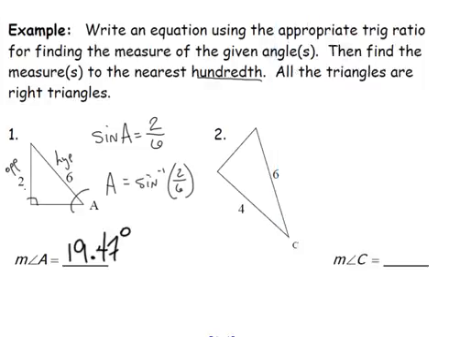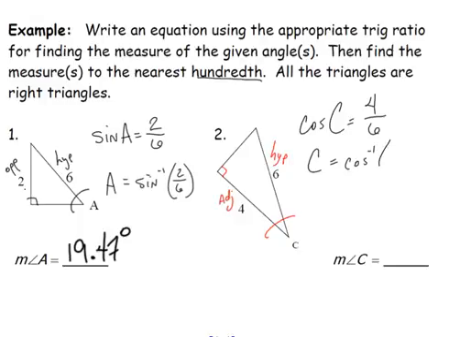Looking at our next triangle here, I have angle C. Angle C is right here. There's my right angle. I have the adjacent side and my hypotenuse. So I'm going to be doing the cosine of C is equal to 4 over 6. So to find my angle C, C is equal to the inverse cosine of 4 divided by 6.